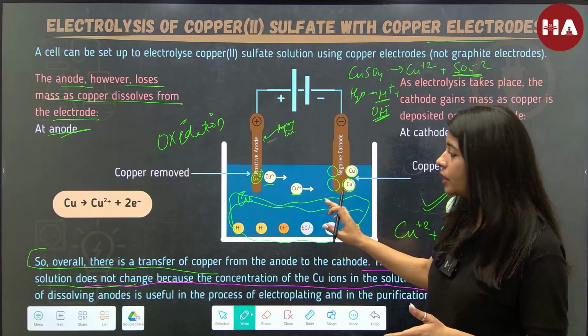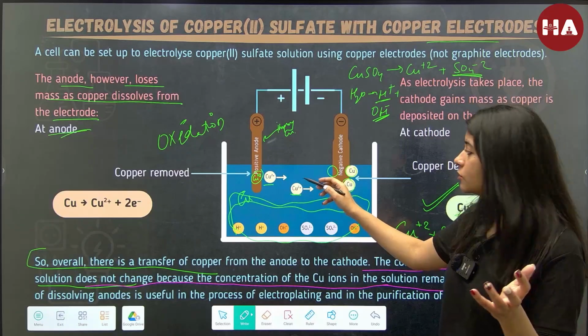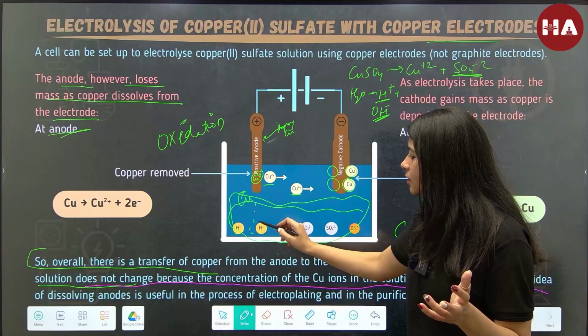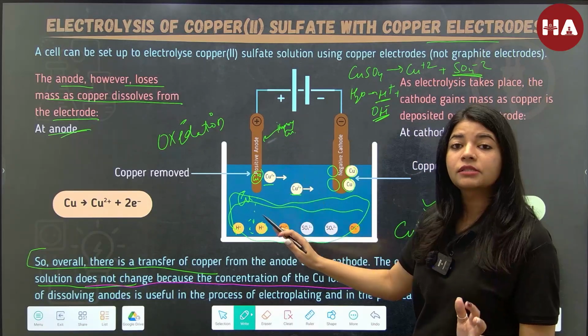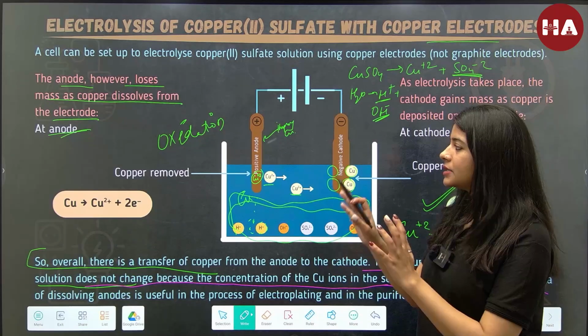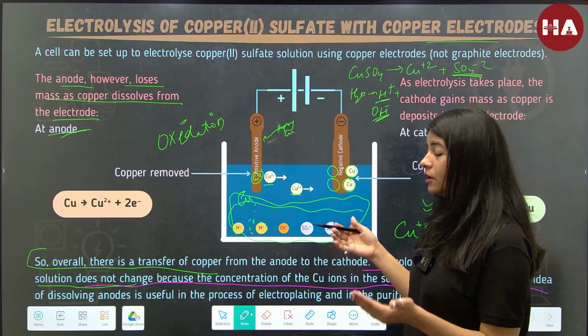They will gain electrons, and the mud or the sand or whatever impurities were present will be deposited below the anode. This is how we purify metal. This is the method by which we purify copper or any metal.